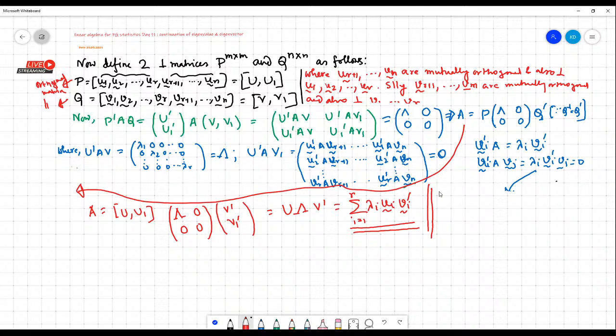It is the remark. You should write this remark after spectral decomposition. I forgot to mention this remark.